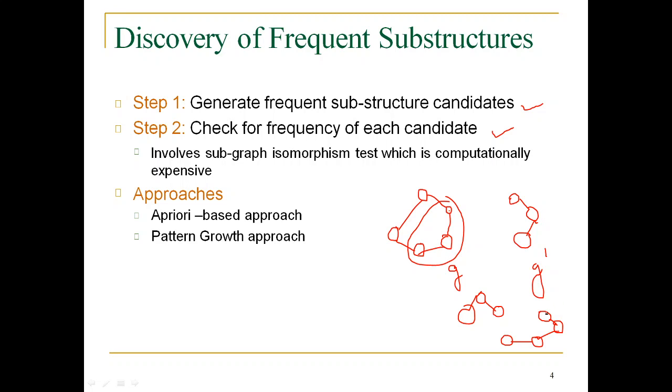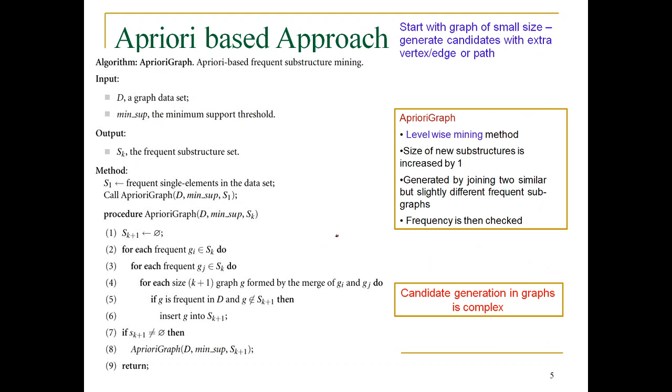If the subgraphs meet the minimum threshold value, you can say those candidates meet the minimum threshold and are taken as frequent graphs. If they do not support the minimum threshold value, we do not take the graph as having frequent patterns. These are estimated using two approaches: one is the Apriori based approach, another is the pattern growth approach.